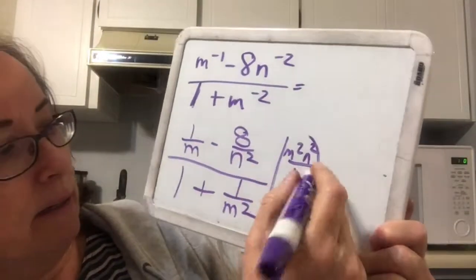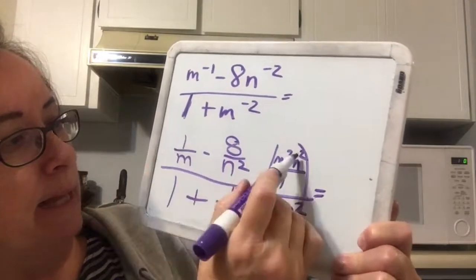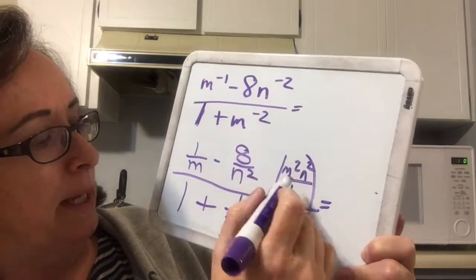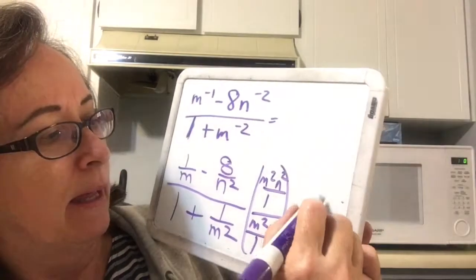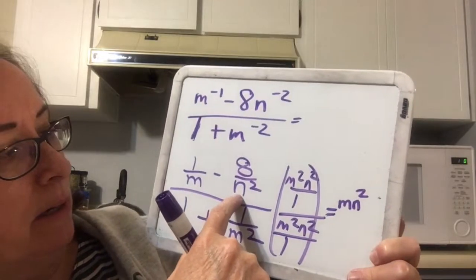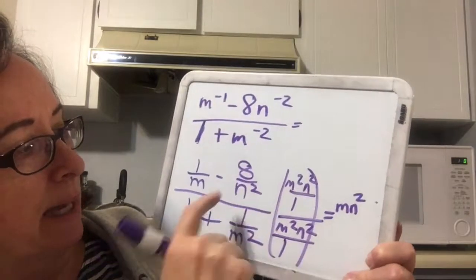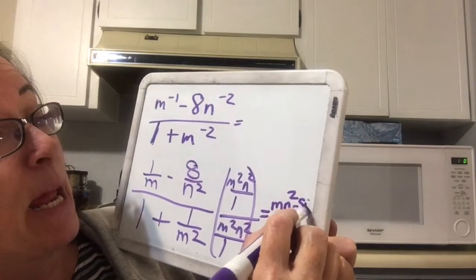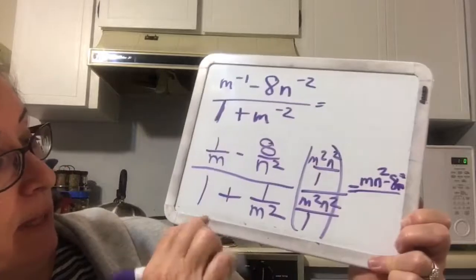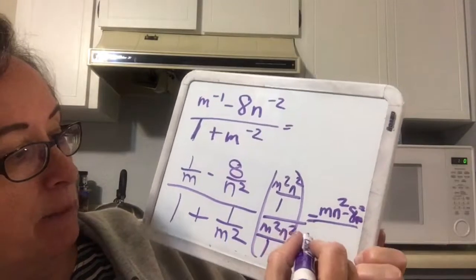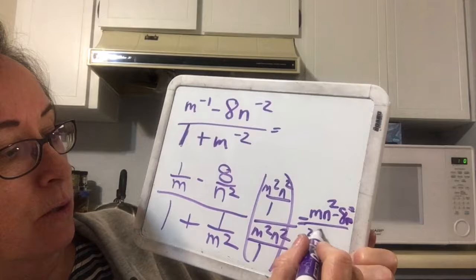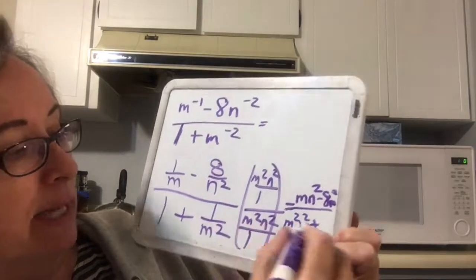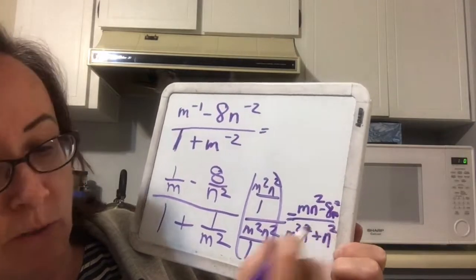And when I distribute this to this, I get 1 over m, the m knocks out, cancels out, so I get m n squared. And then here, the n squared cancels, so I get minus 8m squared, and then this one times this just gives me m squared n squared plus, and on the other side the m squareds cancel and I get an n squared.